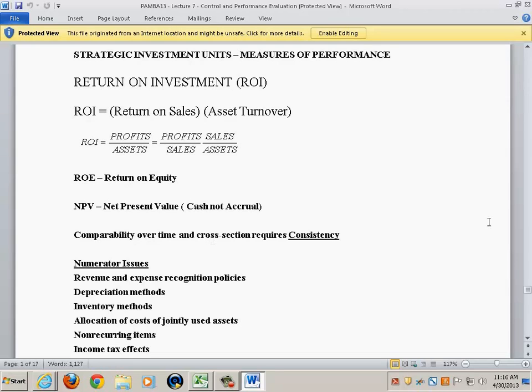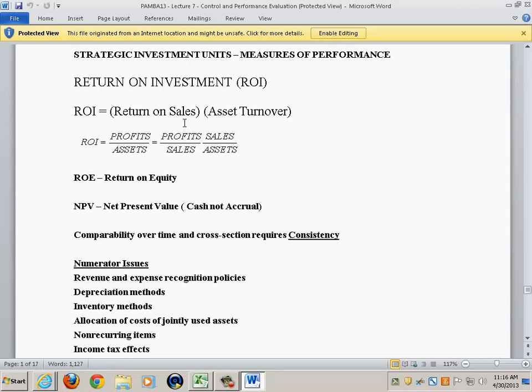Return on investment, which as we said is profits over assets, can also be presented as a multiple of two measures, two ratios. First ratio is profit over sales, dollar sales, which is the return on sales.